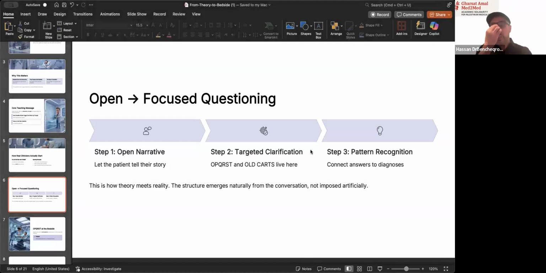Meaning I see someone who has cough, fever, sweats, and diarrhea. I see this a lot in viral illness. Even flu can give you this. COVID can give you this. For example, if someone tells me I have chest pain that goes to my left shoulder and radiates to my left arm, I see this pattern in heart pain.